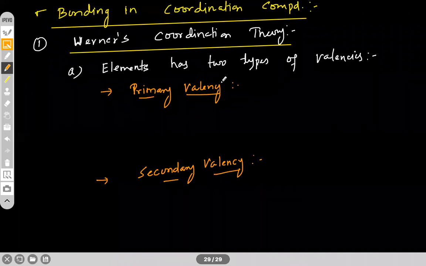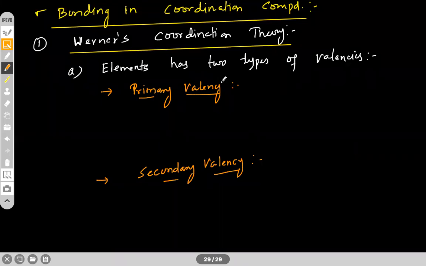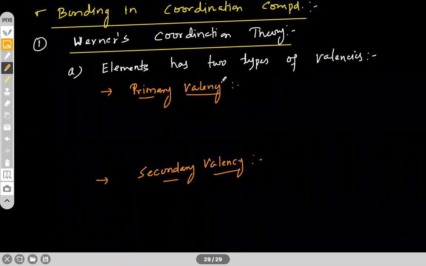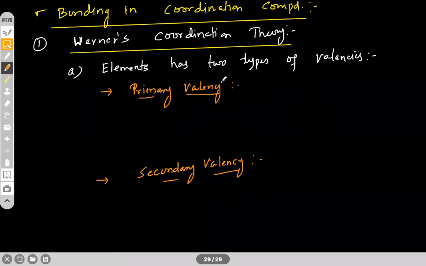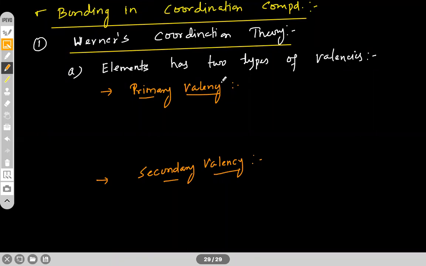Okay, secondary valency, you write down. It corresponds to the coordination number of the central metal atom or ion. Point-wise, write down.